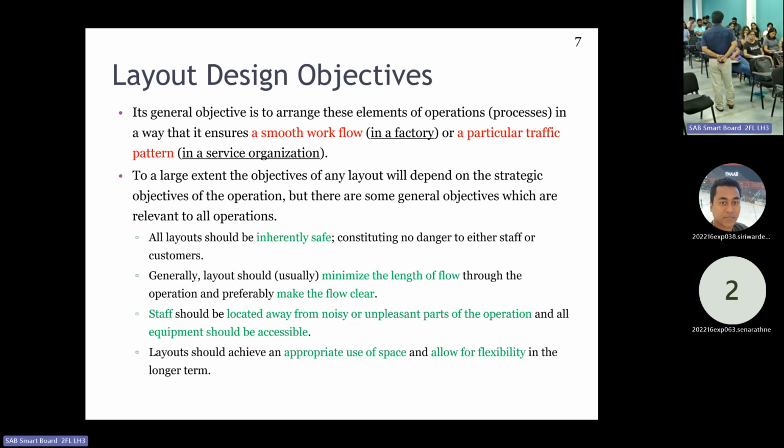That we should not ignore, because it's partly a marketing tool, especially in service. Marketing tool, arrangement of the area, and of course branding. Good. So these are common objectives that can be reviewed.